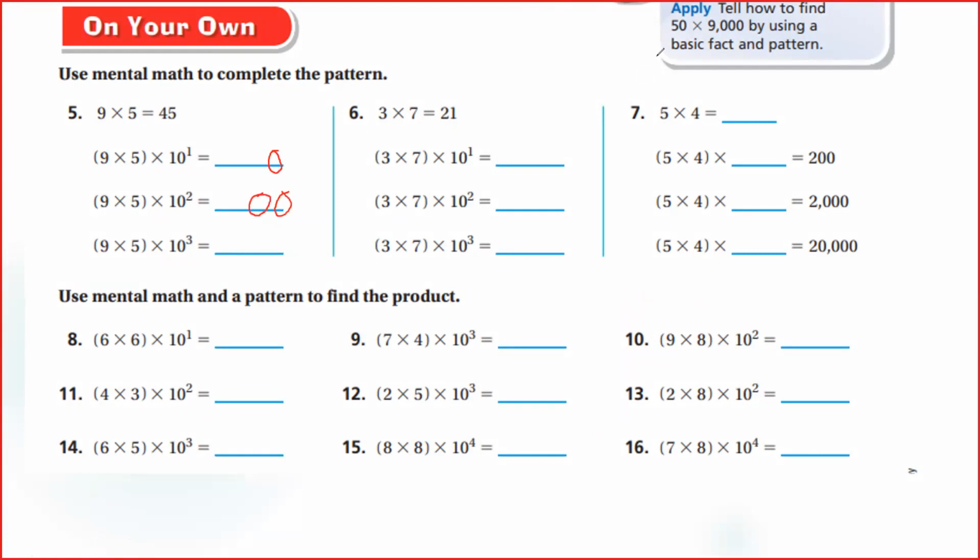And 10 to the power of 3 means I have to add 3 zeros. Yalla then, 9 times 5, 45. So the answer here is 450. The second one will be 4,500. The third one, 45,000.